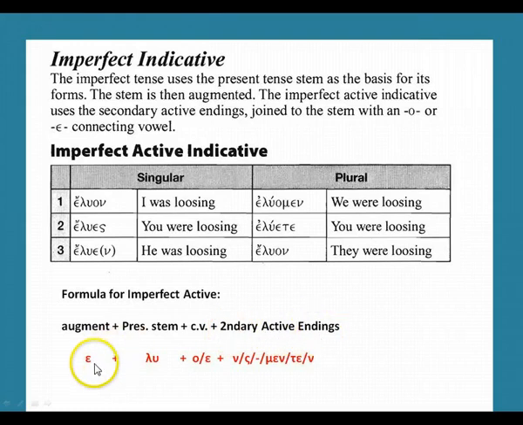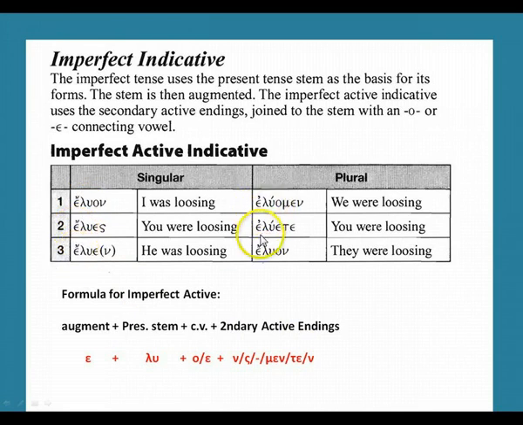That is an epsilon augment plus, for example, luo, the present stem, the connecting vowel, omicron or epsilon. Omicron if the ending is a nu or a mu, epsilon if it's anything else, and that gives you the endings eluon, eluves, eluen.